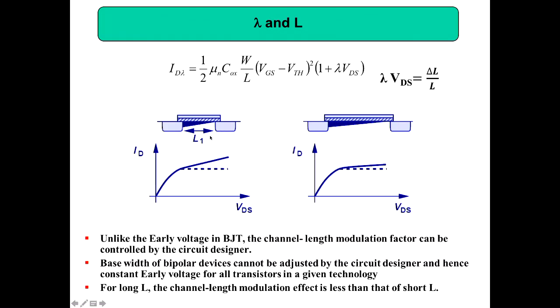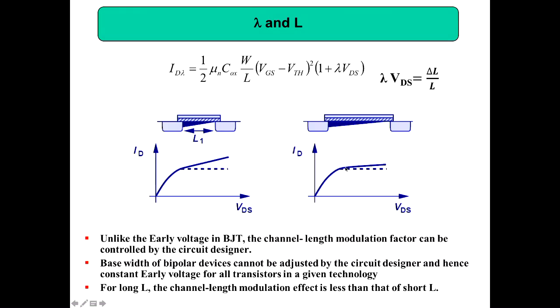One more thing, this graph I also want to show you. In this graph, lambda is the channel length modulation. If you have more channel length modulation, that means delta L by L. So what will happen if your L is increasing for a given VDS? The channel length modulation will decrease because L is in the denominator.